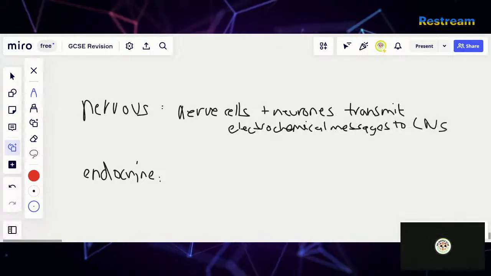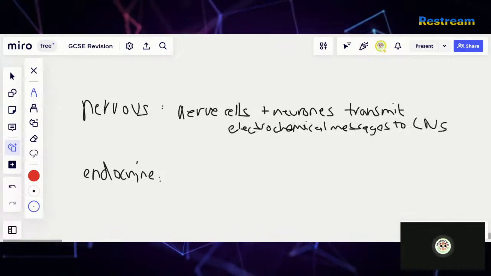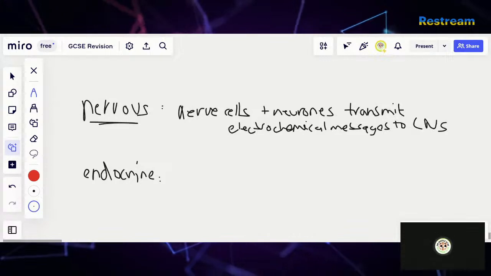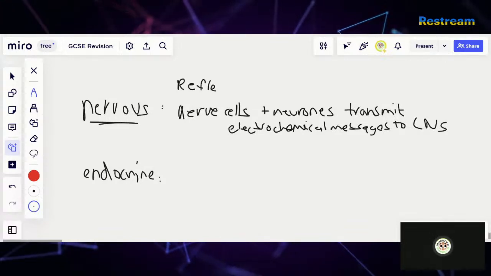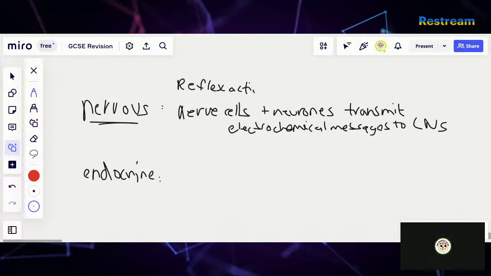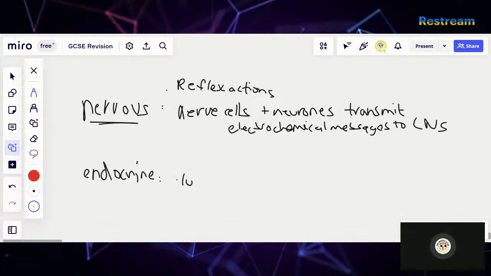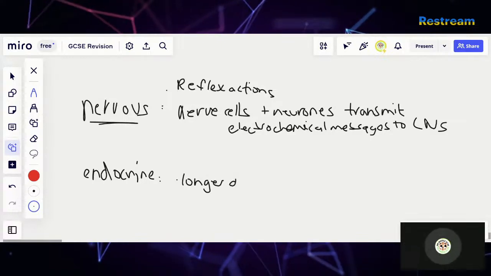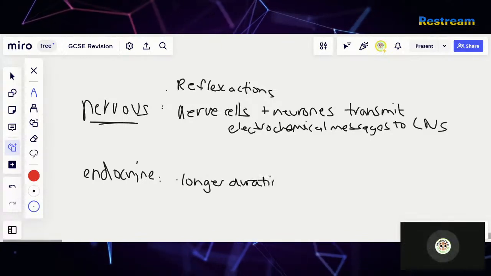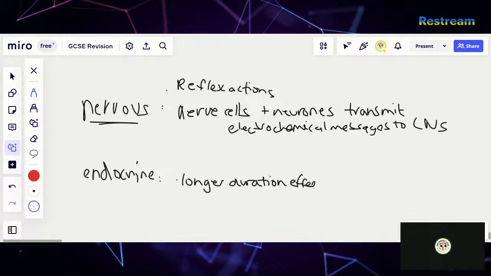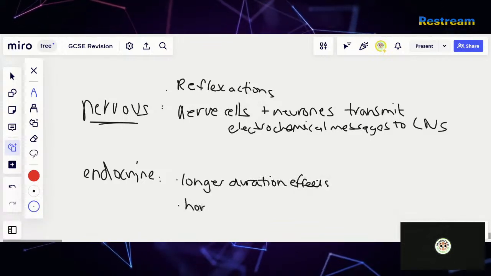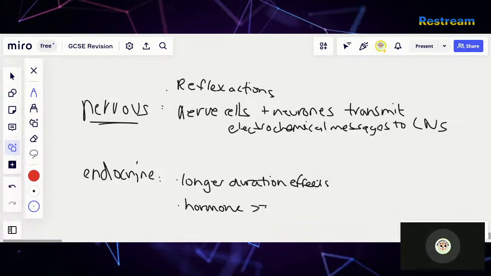The nervous system is for reflex actions, mostly. But the endocrine system tends to be for longer duration effects, and they are from hormones which are released via glands.